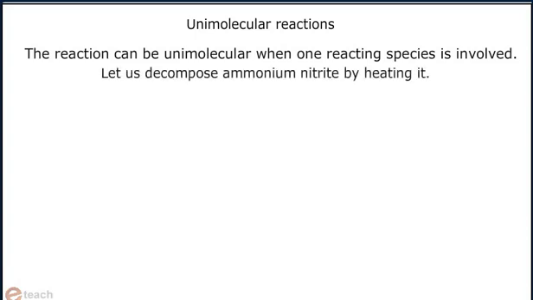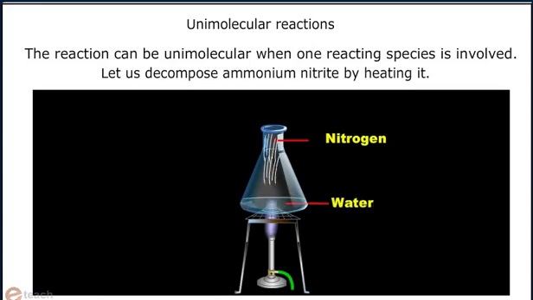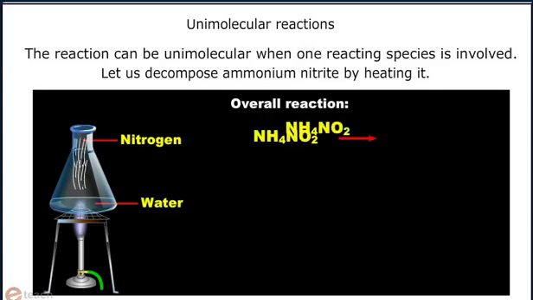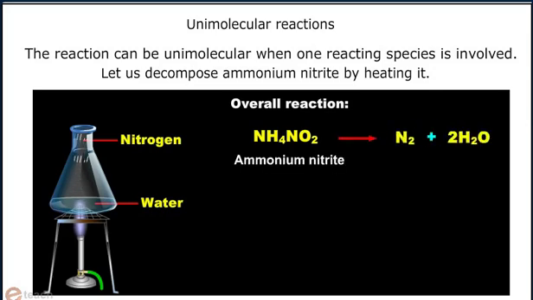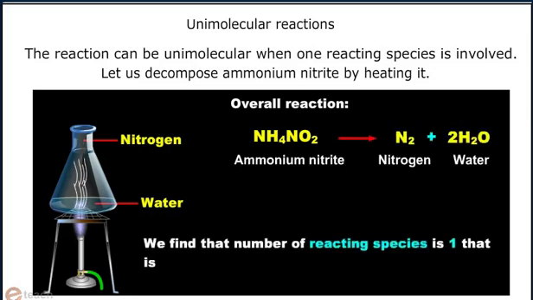Let us decompose ammonium nitrite by heating it. On strongly heating, we get nitrogen and water. We find that the number of reacting species is 1, that is ammonium nitrite. Hence, it is a unimolecular reaction.